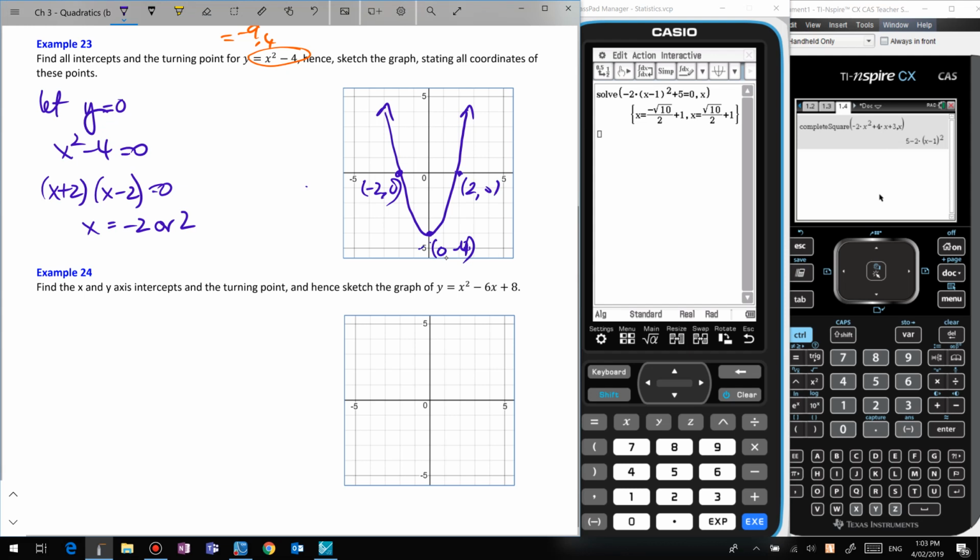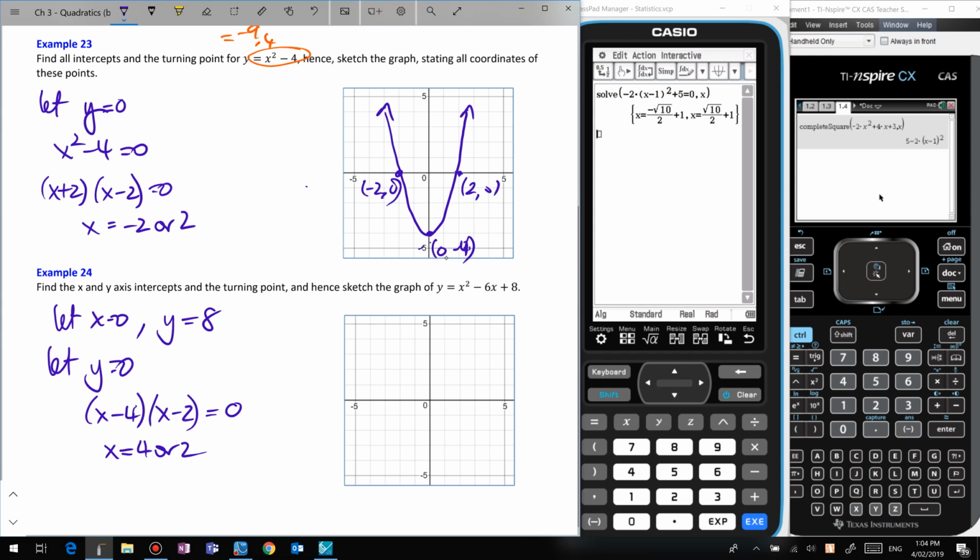That's pretty much it. This one here, find the x and y-intercepts and the turning point. So if we let x equals 0, we get y equals 8. If we let y equals 0, we factorise, we get x minus 4, x minus 2, because negative 4 times negative 2 is plus 8, and negative 4 minus 2 is negative 6, so I get x equals 4 or 2.